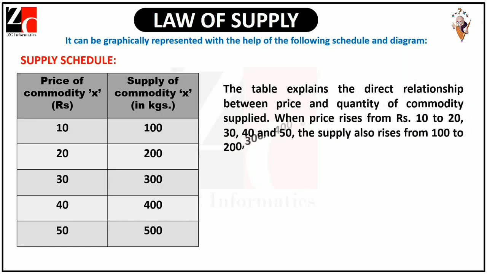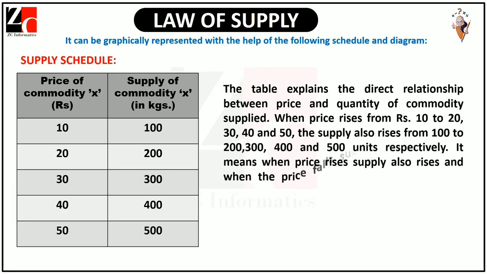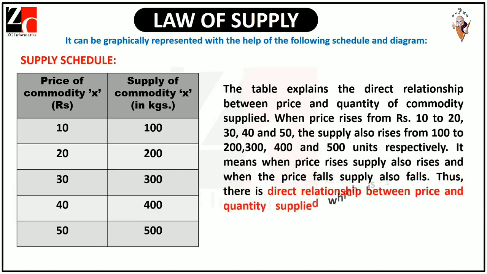When price rises from rupees 10 to 20, 30, 40 and 50, the supply also rises from 100 to 200, 300, 400 and 500 units respectively. It means when price rises, supply also rises, and when price falls, supply also falls. Thus, there is a direct relationship between price and quantity supplied, which is shown in the following figure.